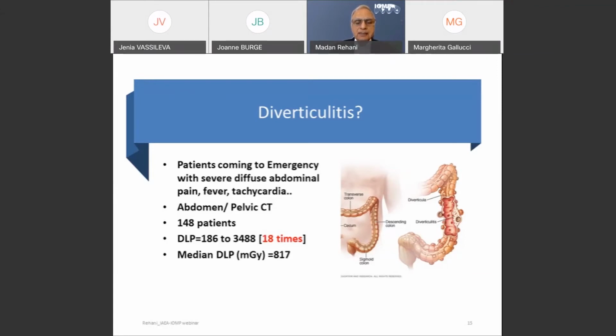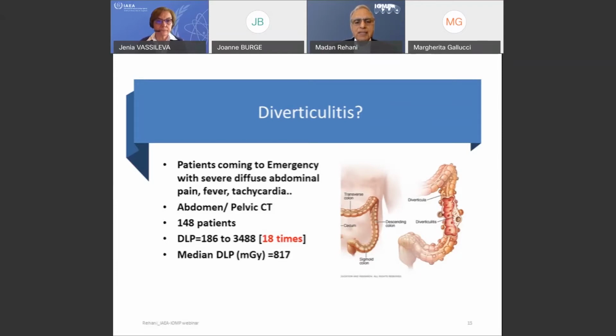He asked us if we can provide him information about the radiation doses received by these patients. And when we looked at the DLP values, they varied from 186 to 3,488. So it was 18 times.